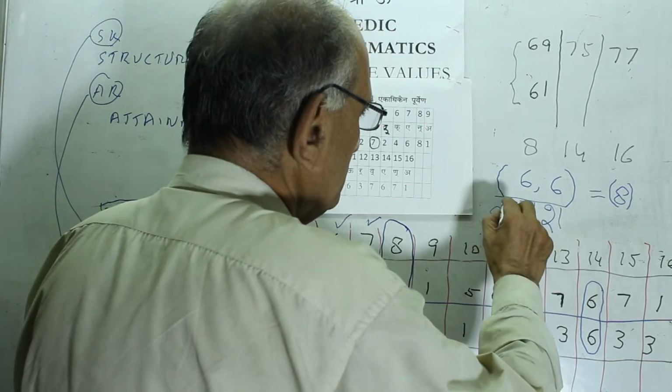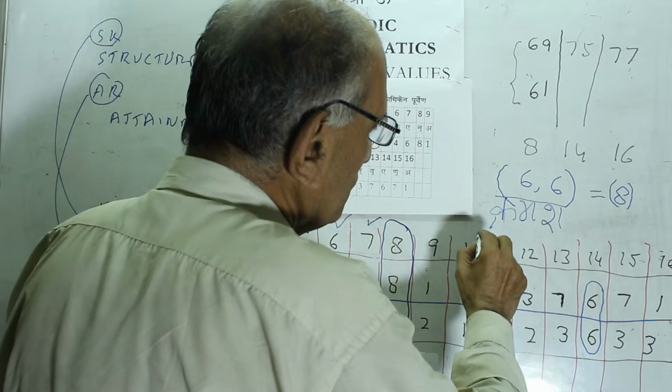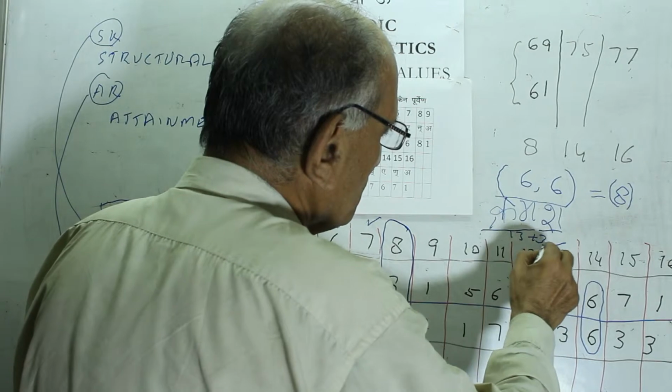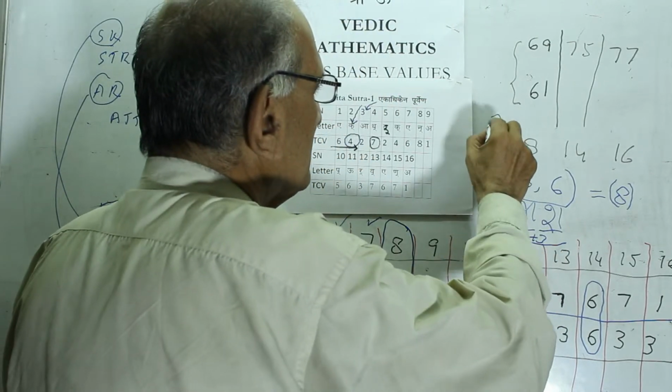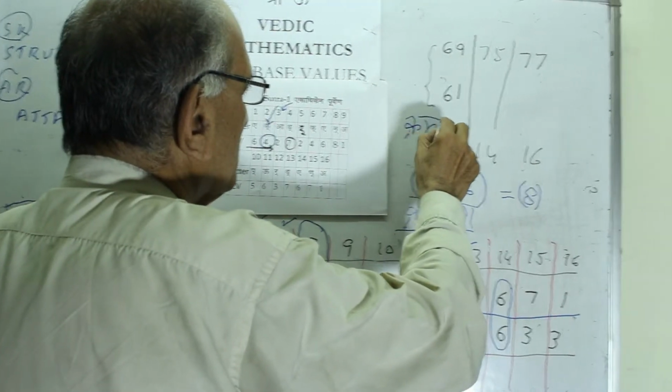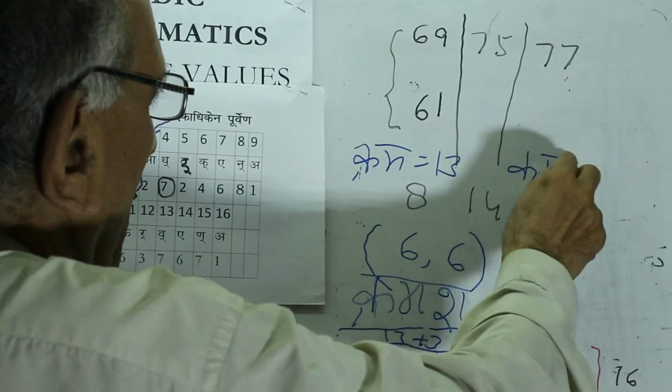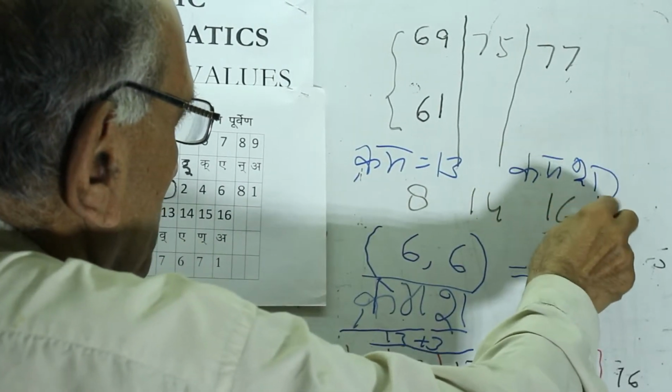Kramsha. If we attach the values to it, it takes the values 13 plus 3, 16. Kram is of transcendental code value 13 and Kramsha is of transcendental code value 16.